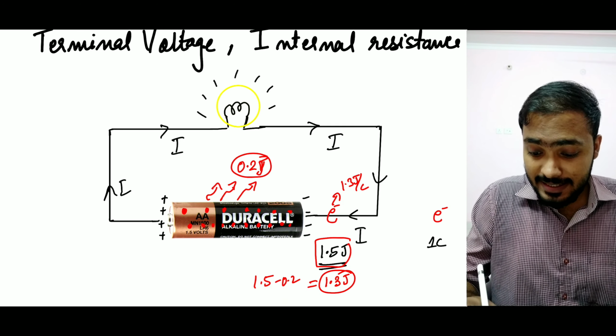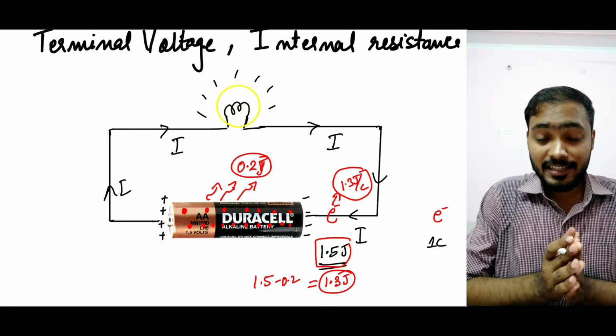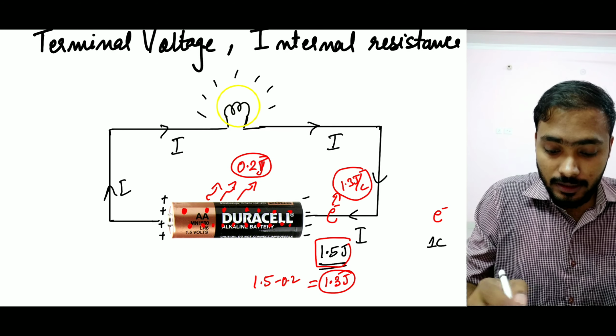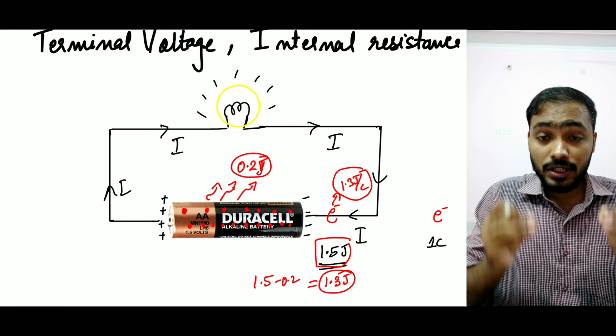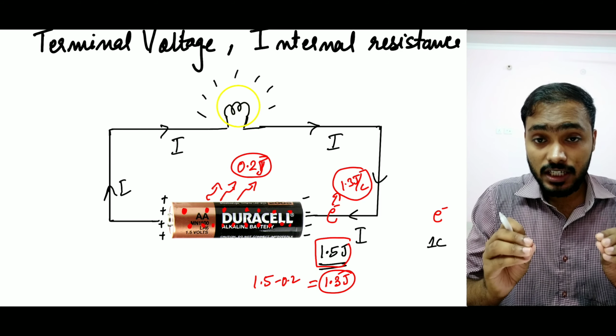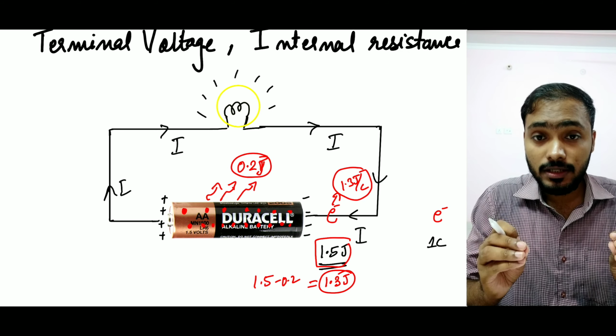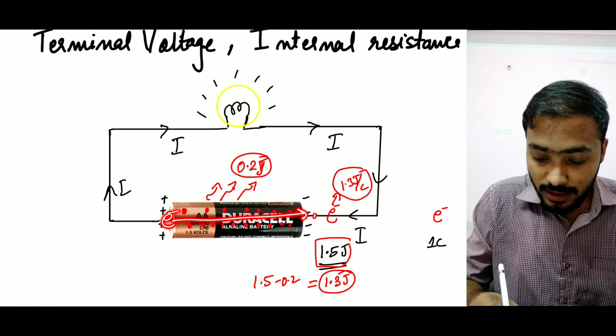So this is what we call the terminal voltage. Normally it is written that 1.5 volt is the potential difference across it when you are not taking any current from it. But the moment an electron travels from here to here, what is going to happen?